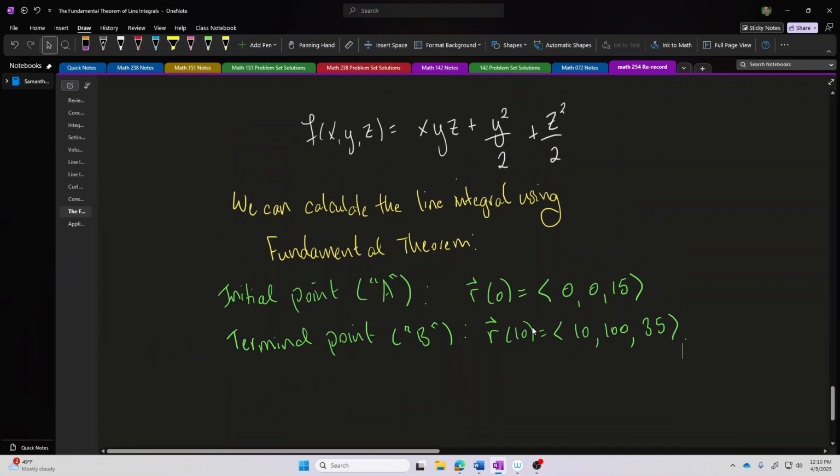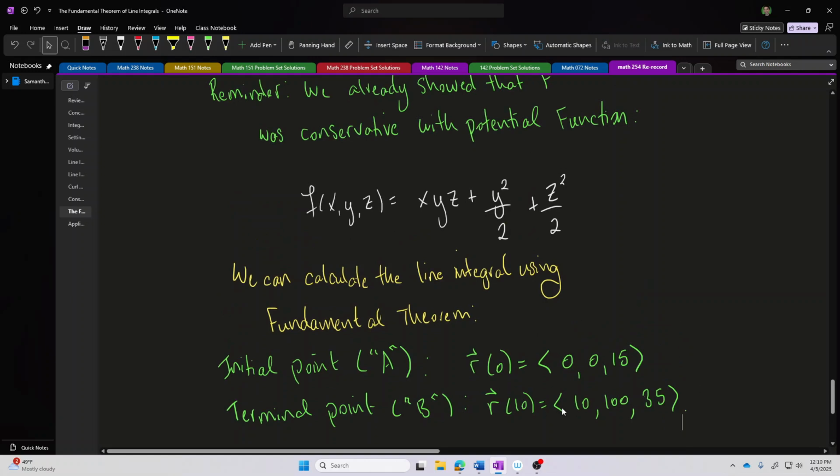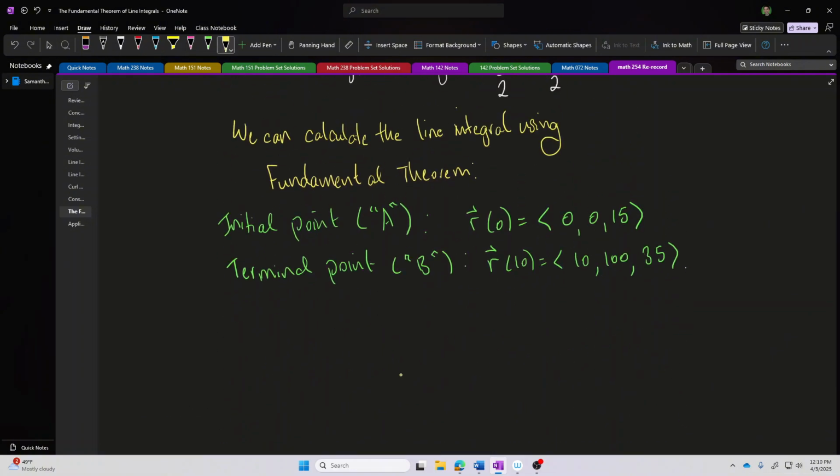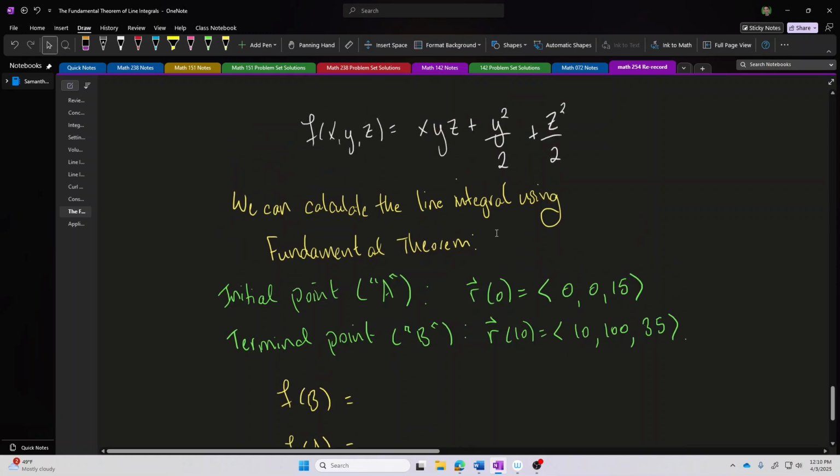So now let's plug the points indicated by our parameterization into our potential function to find what the theorem calls f of b and lowercase f of a. Lowercase f of b can be found by plugging the terminal point into our potential function. So xyz becomes 10, 100, 35.